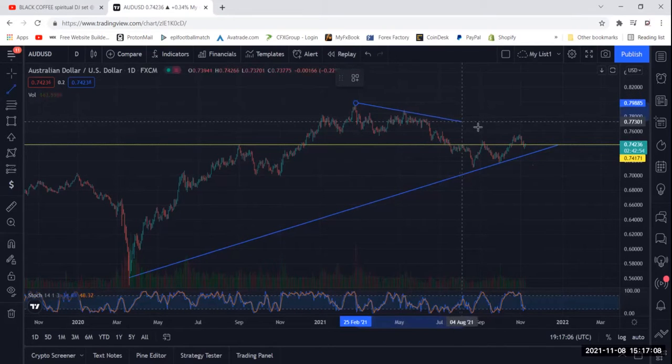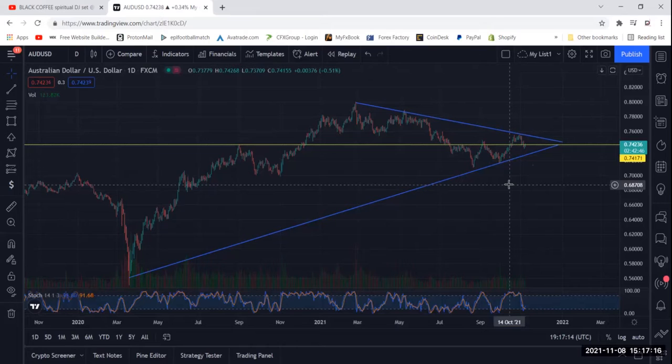I can draw the counter trend line here, coming down from the top, and you can see a pattern formed there, which is ideal for identifying a breakout, or playing the breakout strategy, a quite popular strategy in Forex trading.